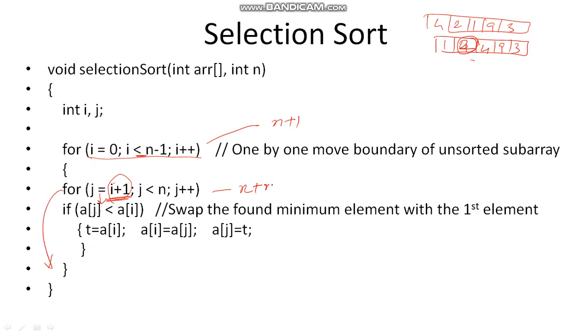The second time it is going to execute n minus 1 times, the third time n minus 2 times, and so on, until at the end it is executing only once, where we jump outside. If you solve this, we get again n into n plus 1 divided by 2.